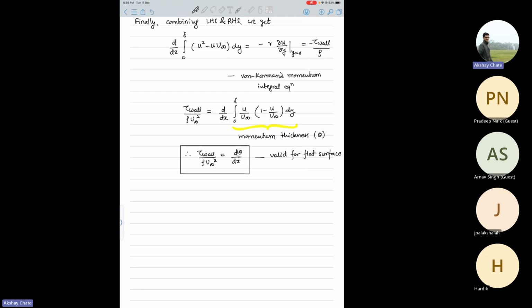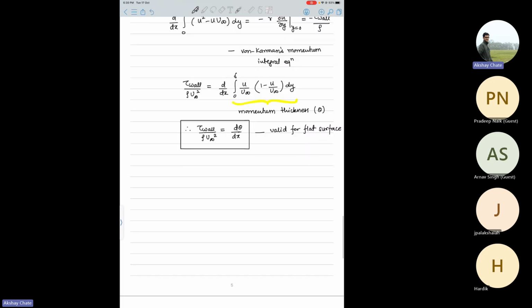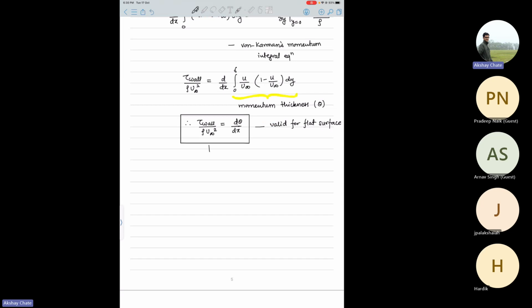So now the important part: this equation is valid for laminar, transitional and turbulent flow.